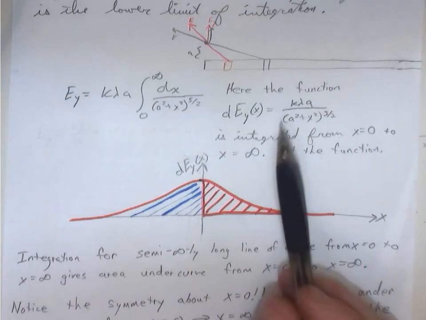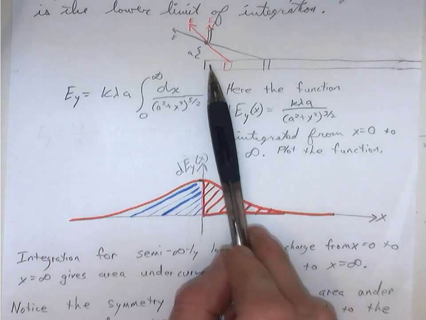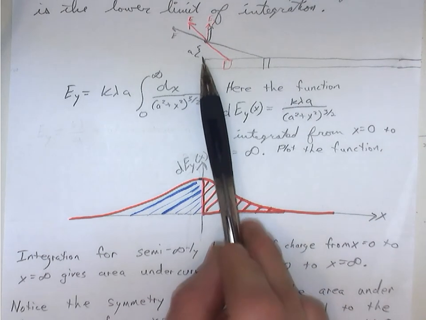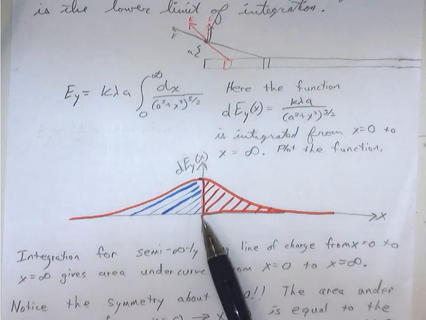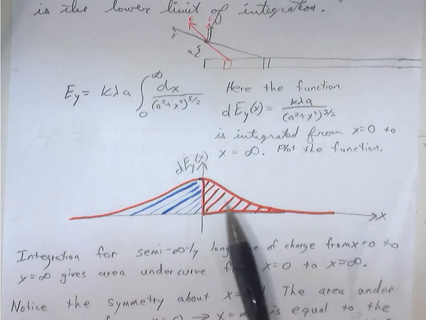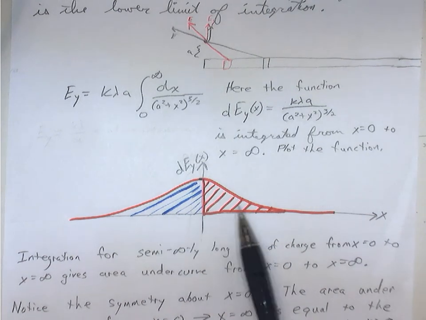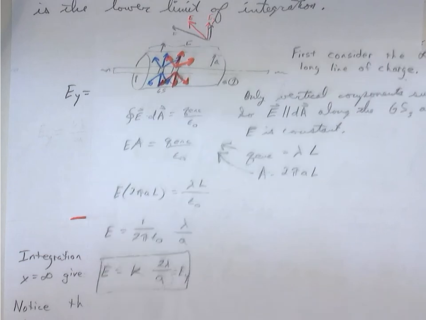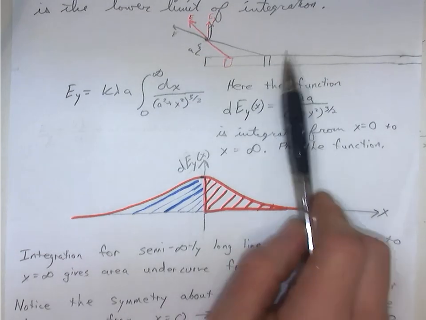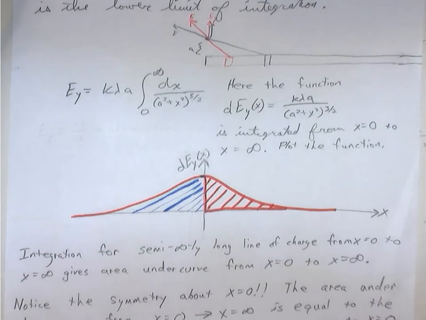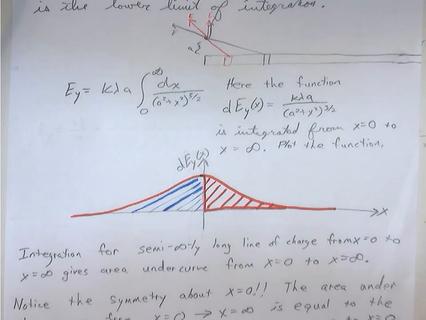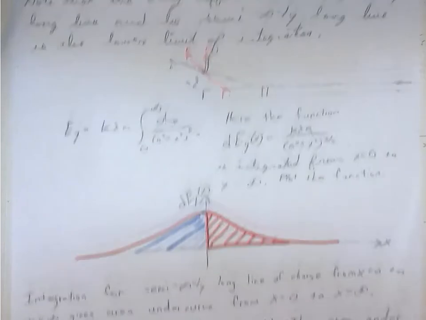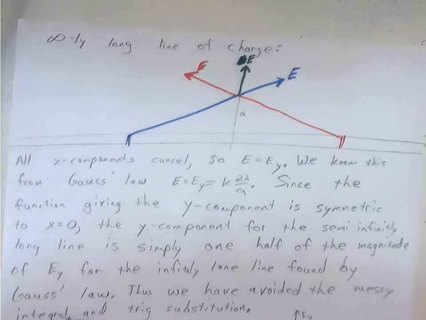So then if you want to find the y component of the electric field for a semi-infinite line of charge, you integrate from 0 to infinity, so you take half of what that total integration was. And that total integration, again, we found by Gauss's law. So we take 1/2 of this, and that would be the y component for a semi-infinite line of charge. Easy. We just avoided that messy integral.